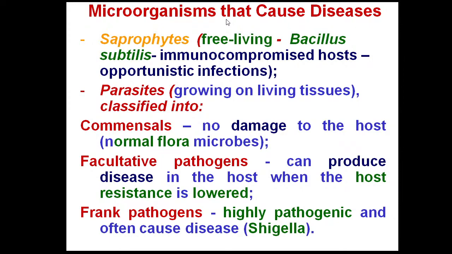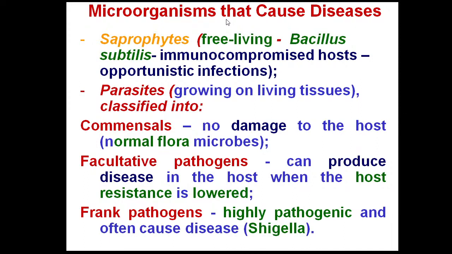Then we have a second group that are parasites. And of course, we are of greater concern about parasites, because what are they? They are microorganisms that may grow in or on living tissues. But parasites are not all equally important in medical microbiology.